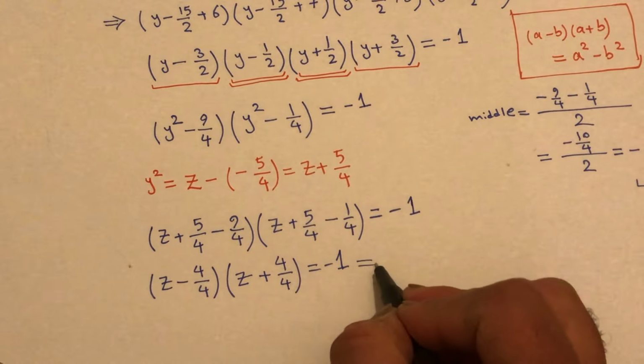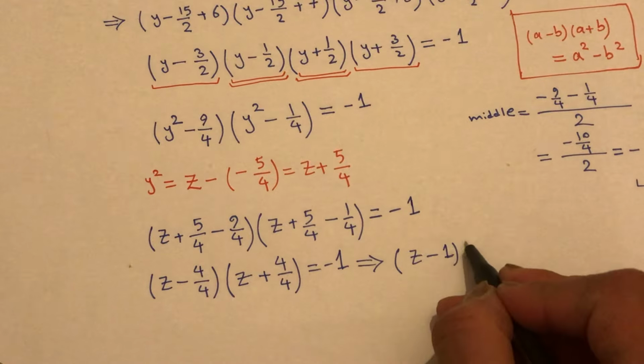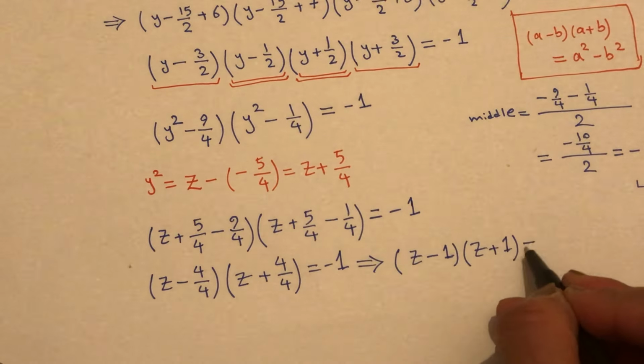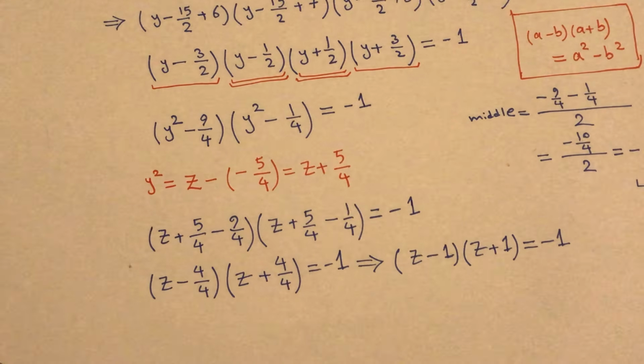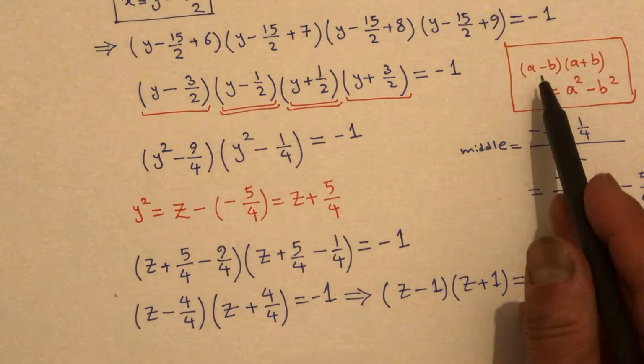Okay, now we have z minus 1 and z plus 1 equals minus 1. And this is the same formula as before.